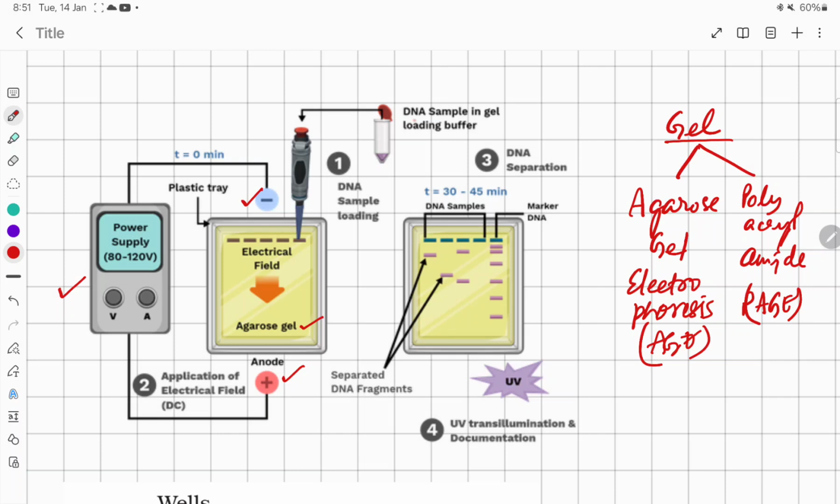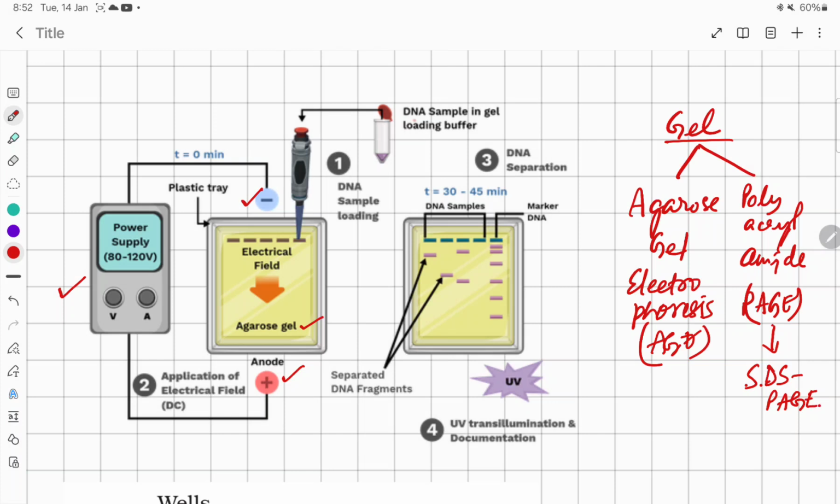These are the two types of gel electrophoresis, and PAGE we can again modify to SDS-PAGE. As I have discussed, SDS, a denaturing agent, sodium dodecyl sulfate, can be used, and it becomes SDS-PAGE.